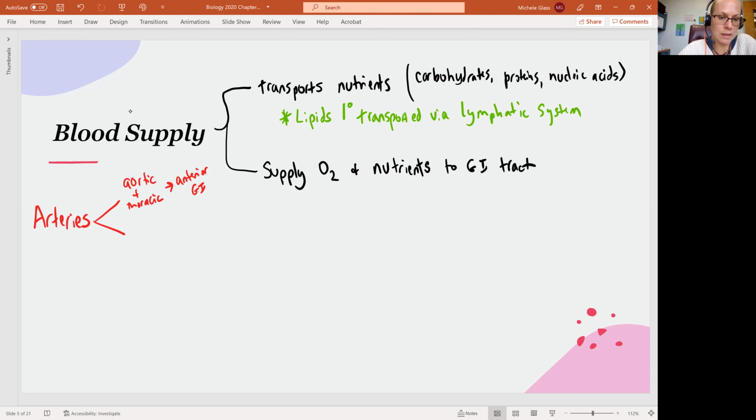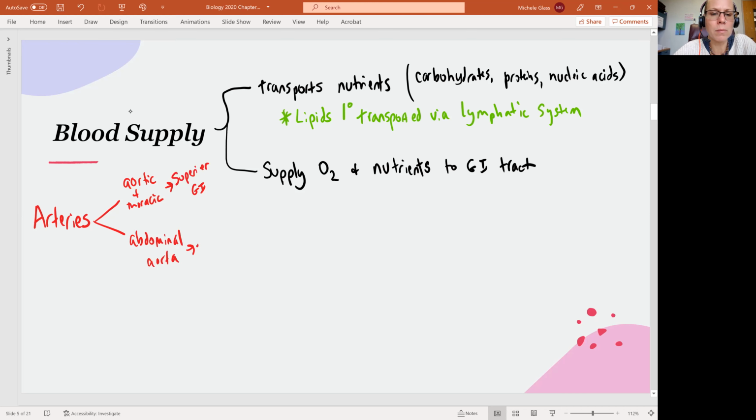And then we're going to see the abdominal aorta really servicing the inferior, I have the wrong words written down in my notes and I'm just thoughtlessly writing them down here. So going back up, it's not anterior GI, it's the superior, meaning top.